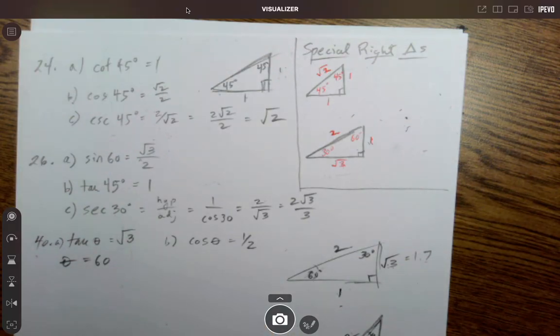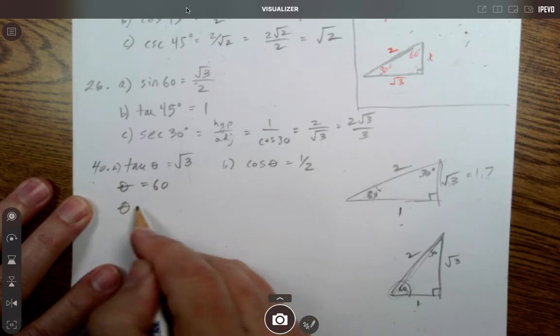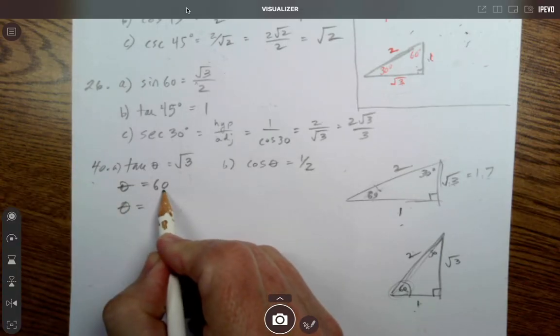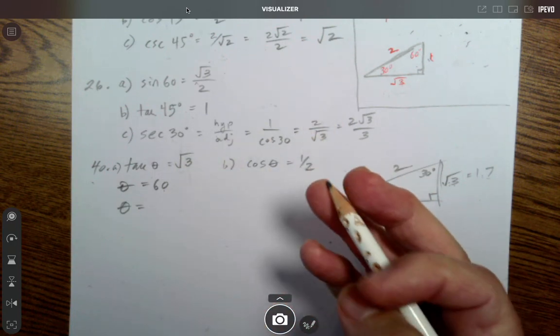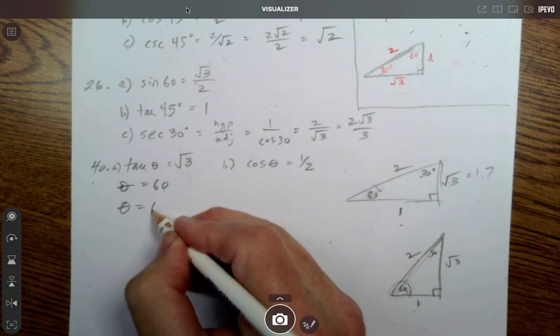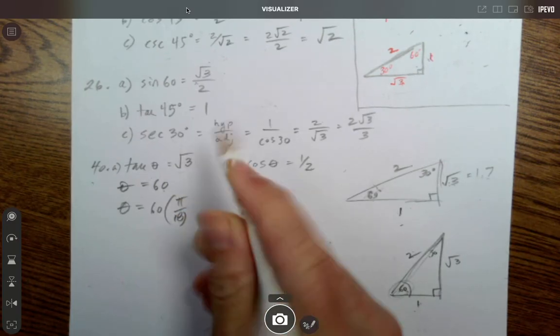Oh, there's a 40B. Okay. Oh, I'm supposed to do it in radians too. Well, so the last thing is, well, what is theta in radians? Well, 60 degrees. If you don't have that memorized as pi over 3, then you would do 60 times pi over 180 to convert it.